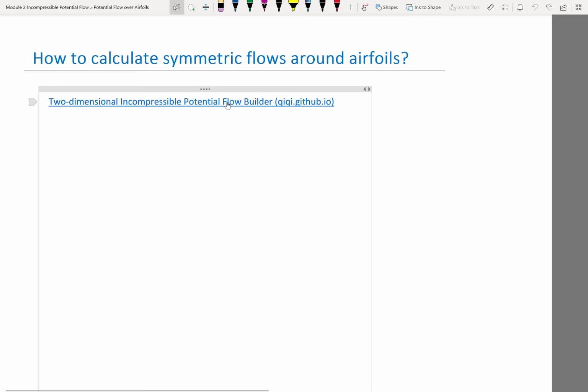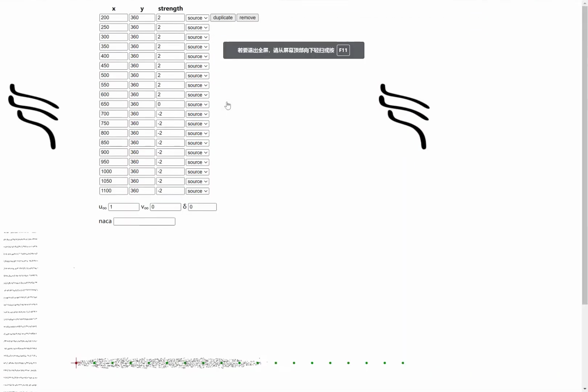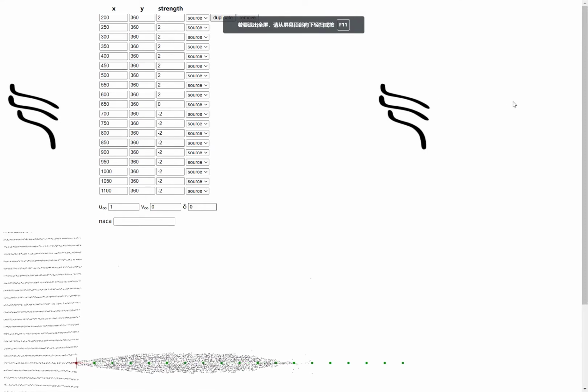If you click on the link, this is what you're going to see. I have already populated a bunch of sources. They are uniformly spaced from 200 to 1100, where the whole canvas is 1,280-something long.